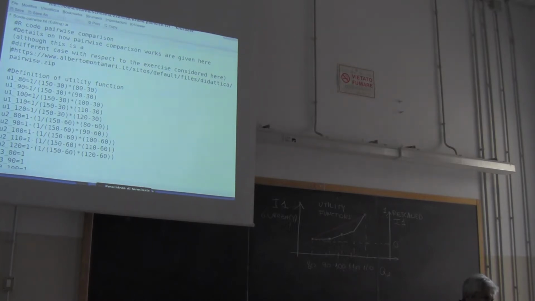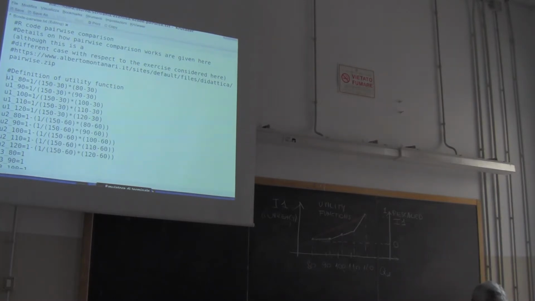There is extensive information in this file. It's a zip file, so you have documents explaining the theory and another proposed exercise. This is just to give you a hint if you want more information on this. But again, this is not part of what I asked at the exam.